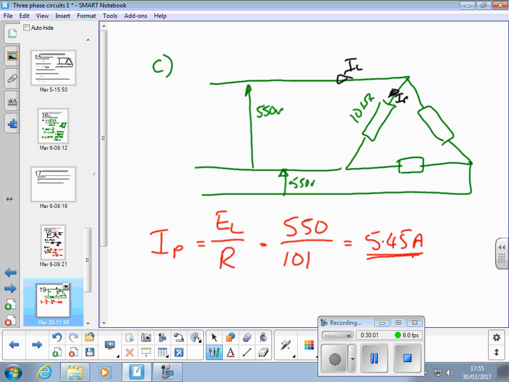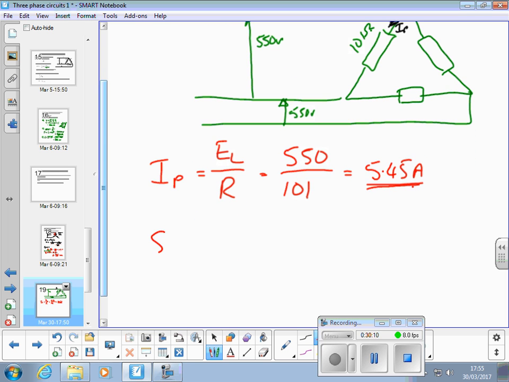That's a good question. So, from the other slides, we know that we can get the total power, write it as apparent power, even though we've only got resistive load here, is 3 times EL times I phase. It's 3 times the power in each load.